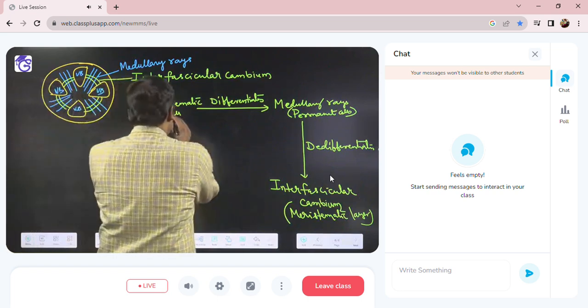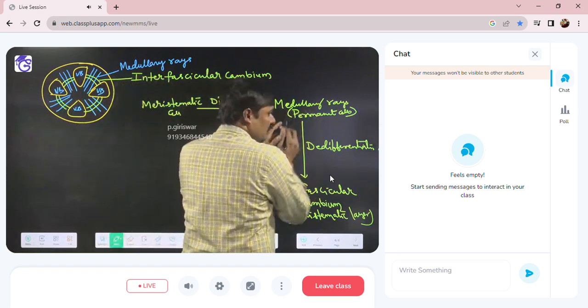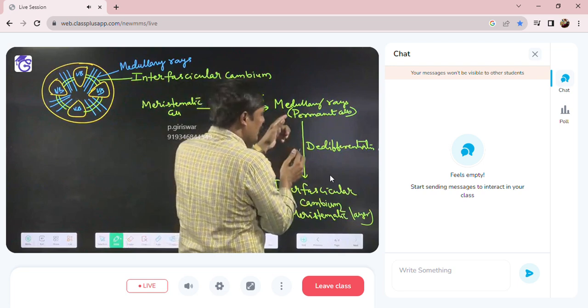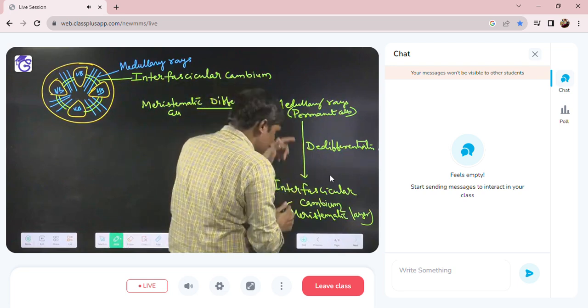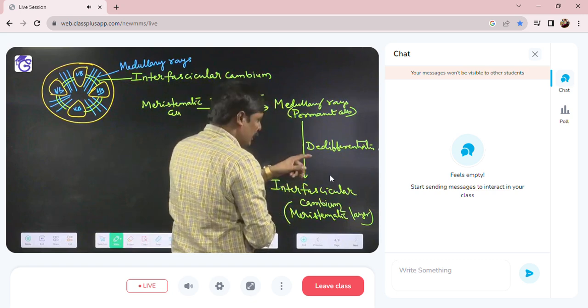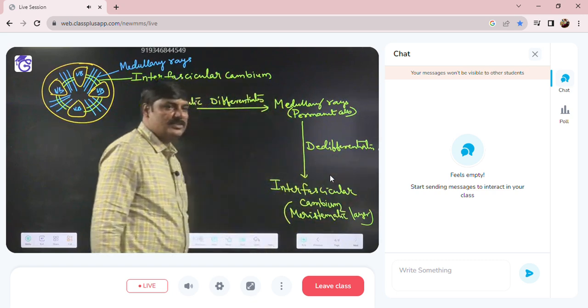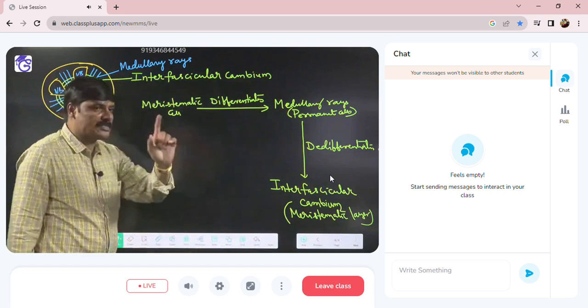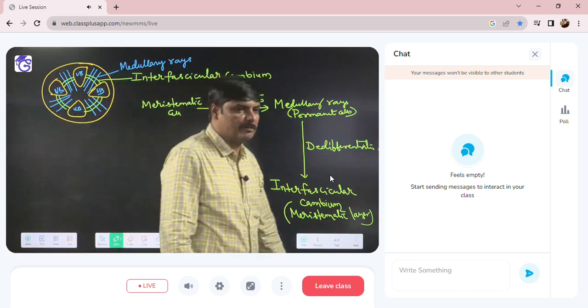So a meristematic cell becomes a permanent cell. Again the permanent cell regains its activity and becomes meristematic. The second time it divides, this is called dedifferentiation. This is the best example of dedifferentiation in plants.